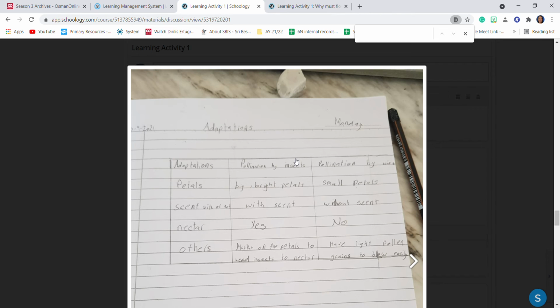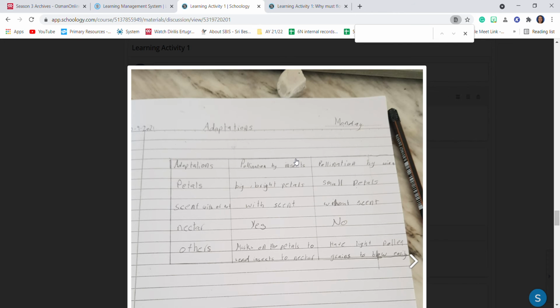Another adaptation of flowers pollinated by insects is nectar. Nectar is the food of the insect, so that's why insects visit the flower, because they need to feed from the nectar. In the process, the insects get the pollen sticking to their legs so that it can be moved to the stigma of the flower.